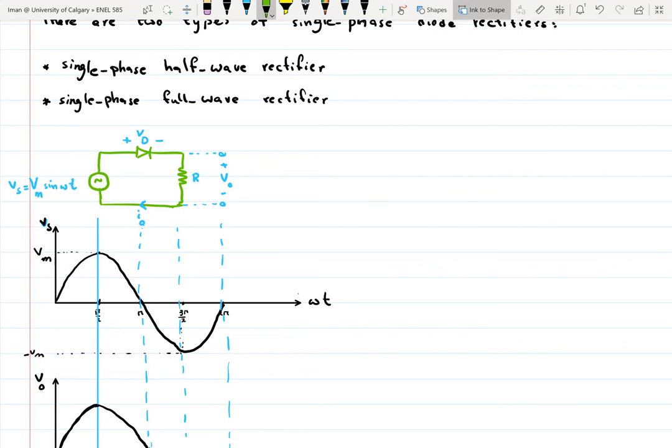So let's look at the waveforms for the single phase full wave rectifier. So this is going to be the circuit for a full wave rectifier using a diode bridge.